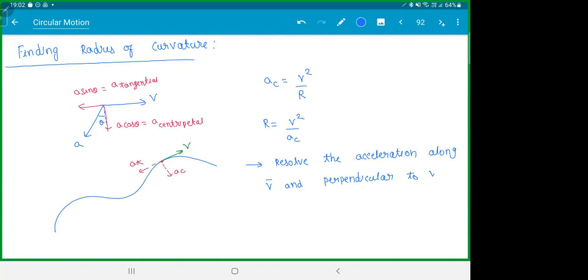The perpendicular component will behave like centripetal, and radius of curvature is v square by a perpendicular. So this is completely the physics method. Let me show you an example of how it works.